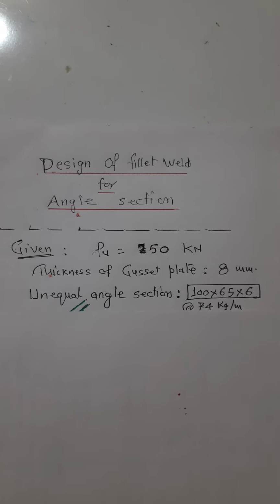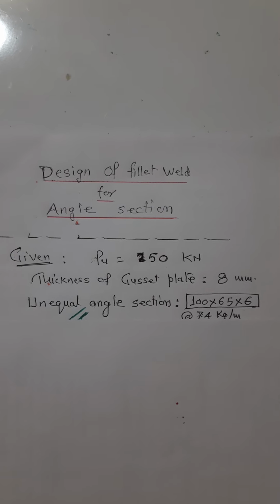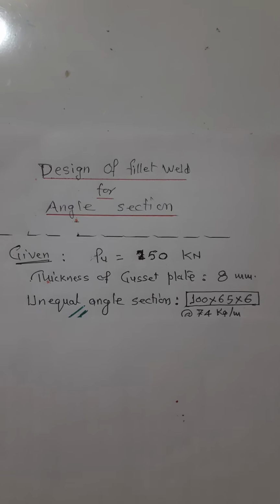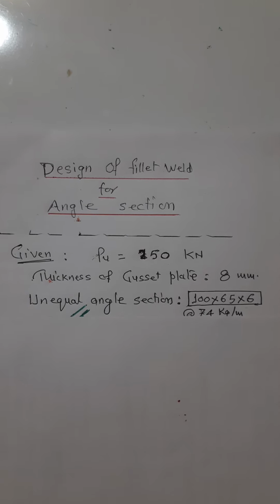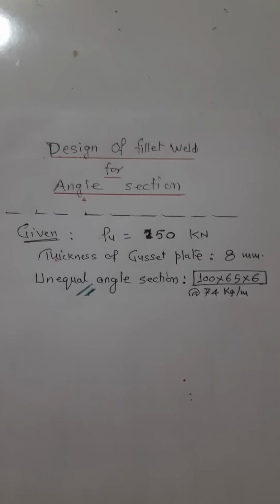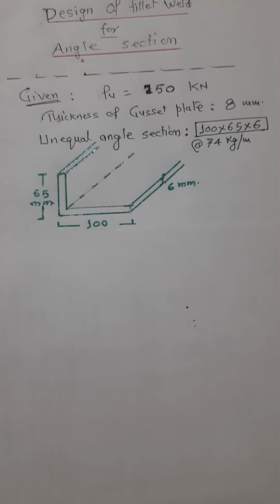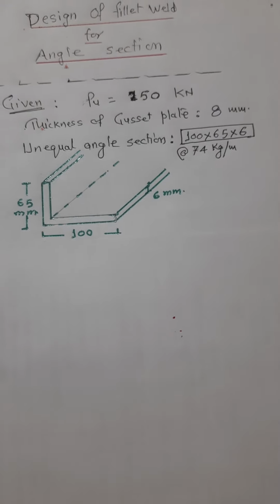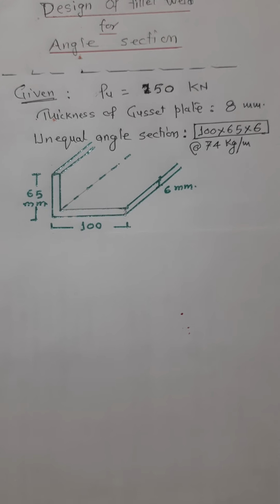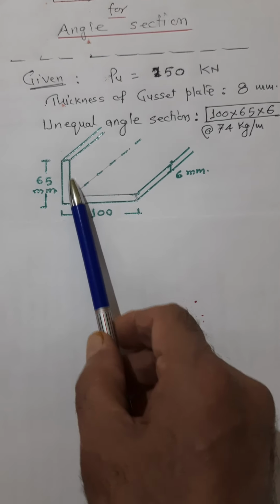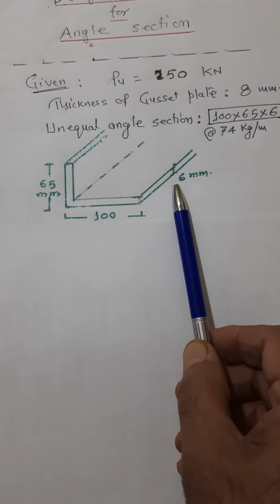Now we have to design this angle section for the weld from both sides. Just see this. This is the angle, 100 cross 65 cross 6 mm.